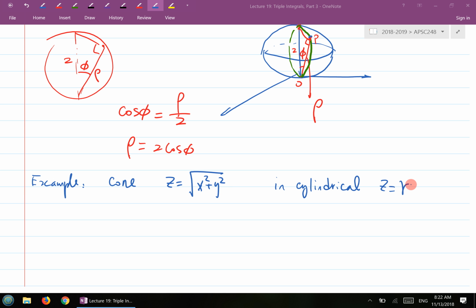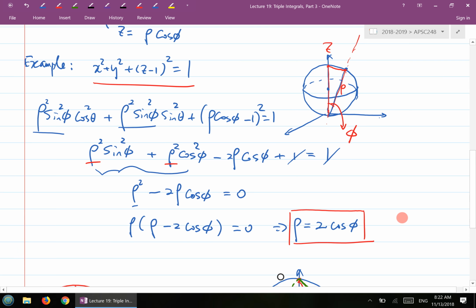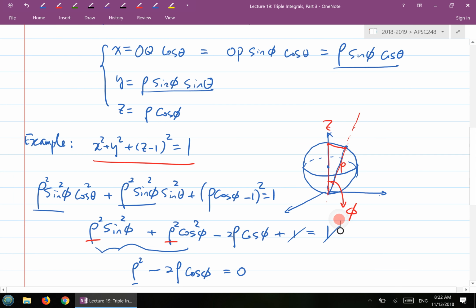So how about in spherical coordinates for the same cone right here? We can do the same approach as what we did for the sphere. We substitute x, y, z with the three expressions.